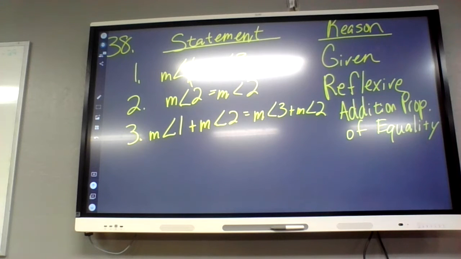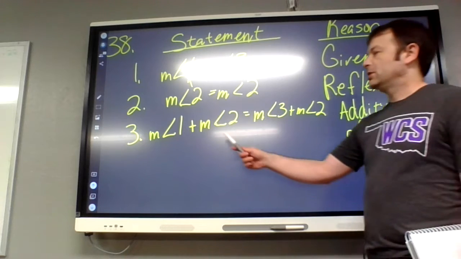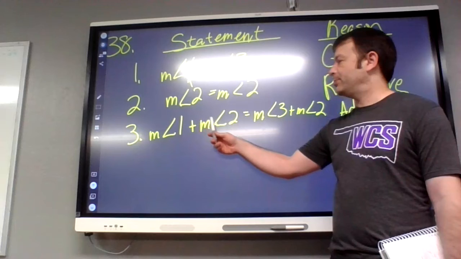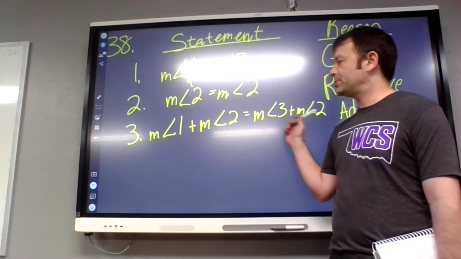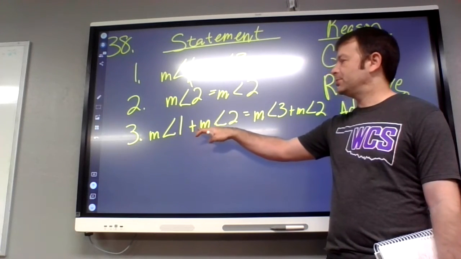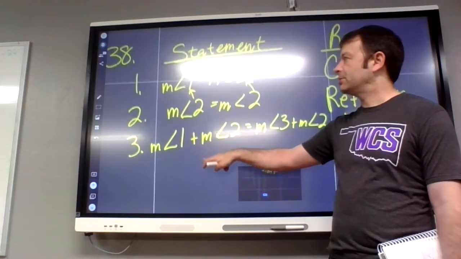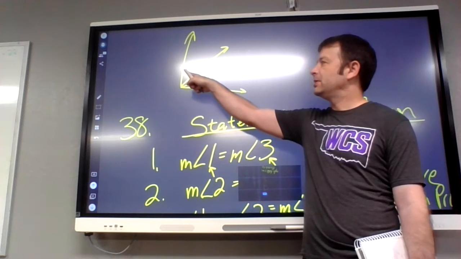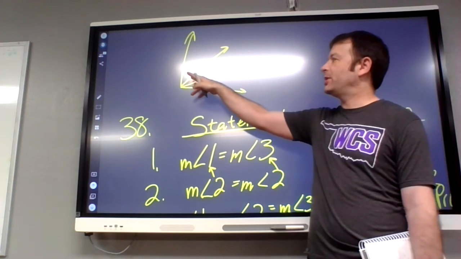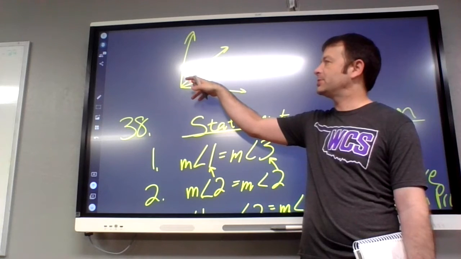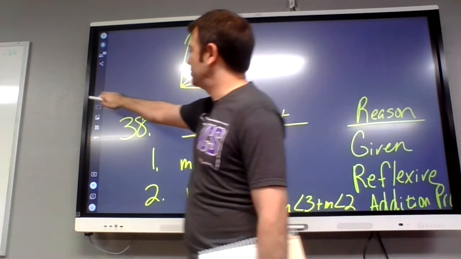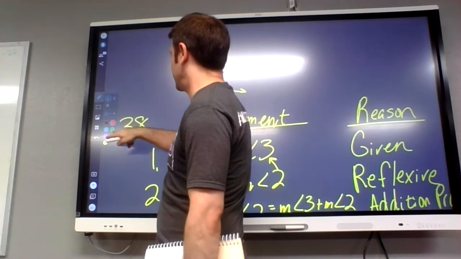Oh, no. How many lines is that? 5. On this one, so coming up here, I just said angle 1 plus angle 2 equals 3 plus 2. What does angle 1 plus angle 2 also equal to? 2 plus 3. Well, that's kind of what I just said, but what else is it equal to besides 2 plus 3? Right, it's equal to the big angle, the medium sized one.